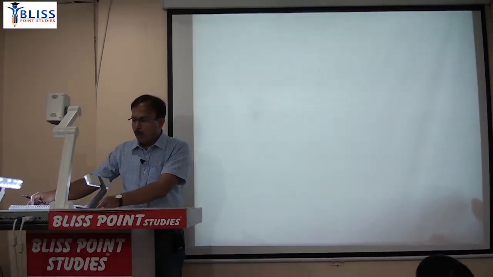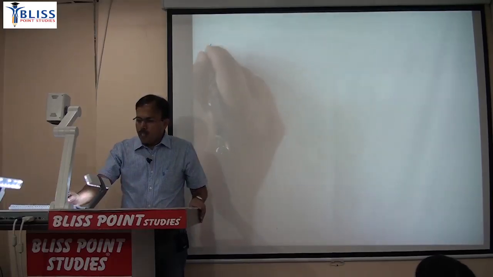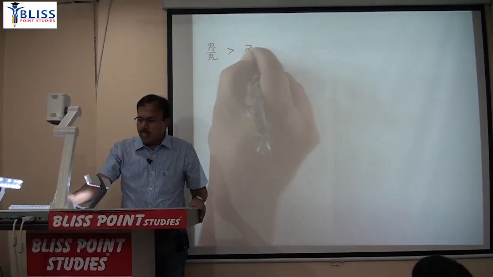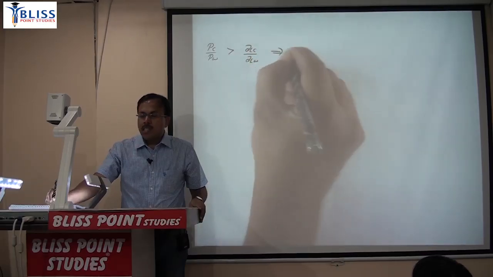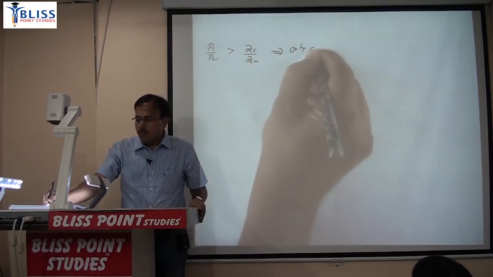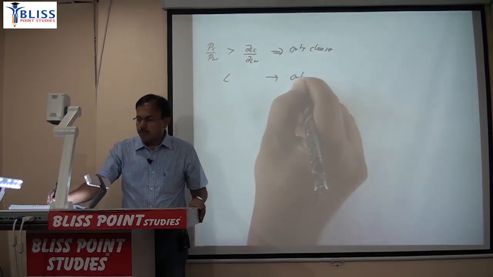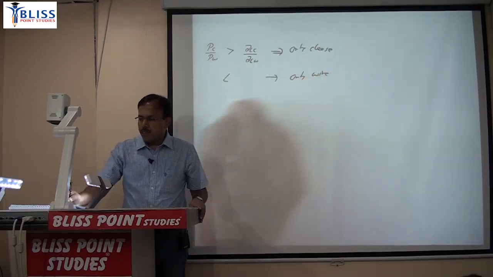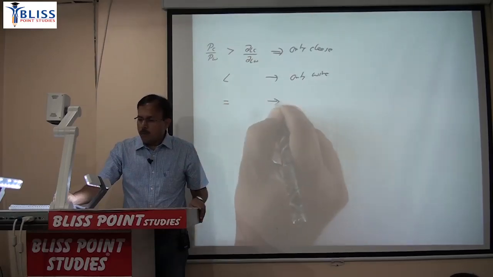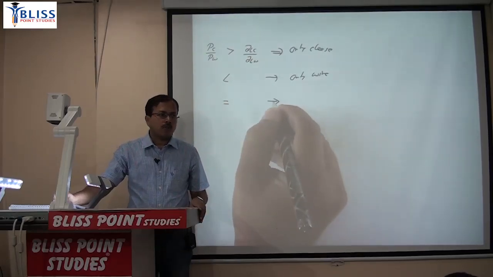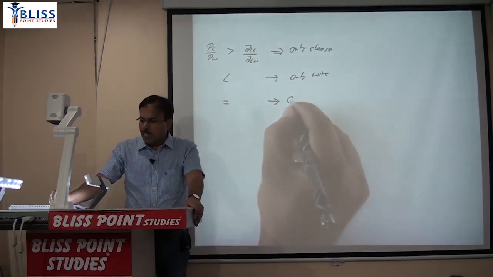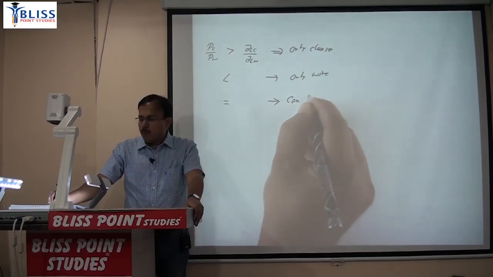So if PC by PW is greater than ALC by ALW, in that case the country produces only cheese, in the opposite case it is only wine. Both goods can be produced only when they are equal.